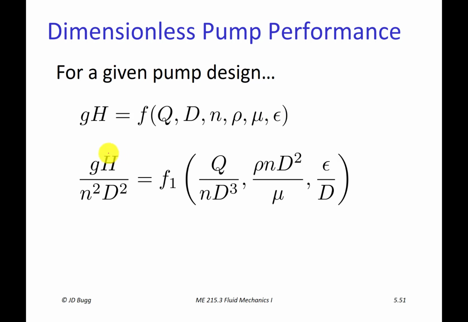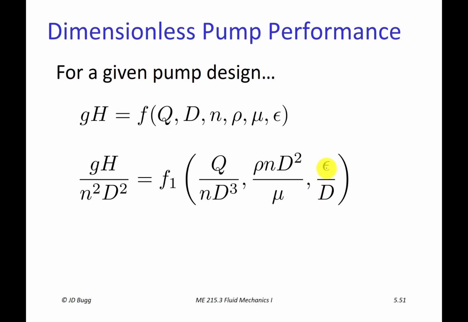So our dimensionless head is gH over n squared d squared. That's how we should be non-dimensionalizing head. And that's going to be a function of Q over n d cubed, rho n d squared over mu, and epsilon over d.